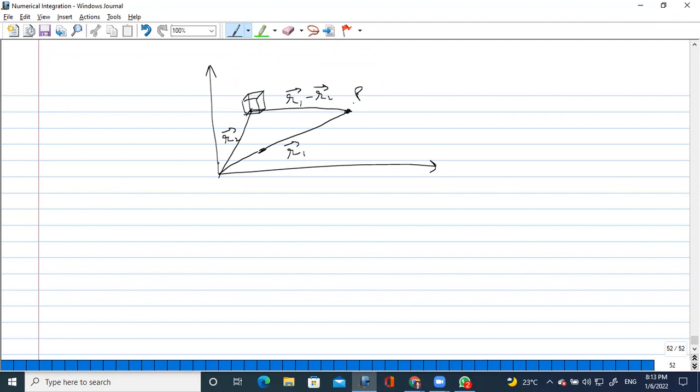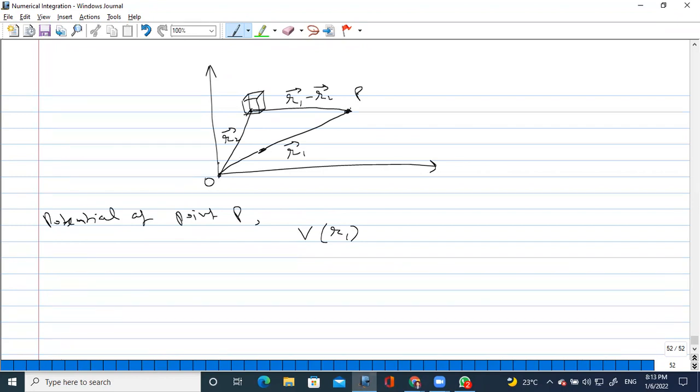Now the potential at point P will be V of R1, because it is at R1 distance from the origin.